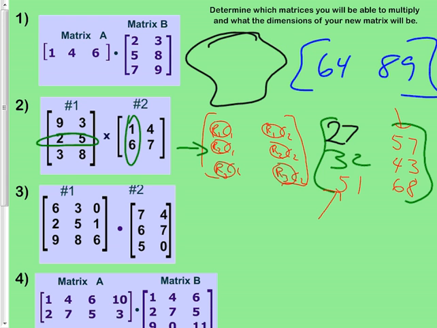This is it. Now, could they make it harder? Yeah, they can throw in variables, but it's still going to be the same basic process. So in other words, instead of a 6 in the matrix, what if they made that a B? How would that affect things? When you were doing row 1, column 1, you would have said 9 times 1 is 9, and 3 times B is 3B.